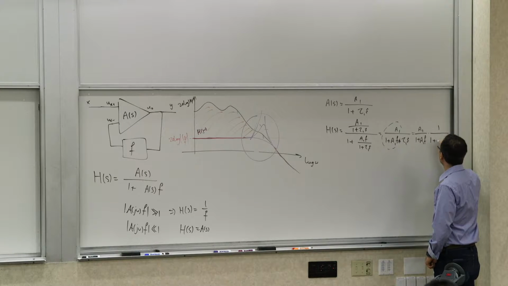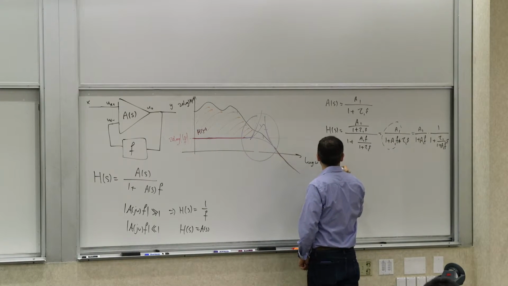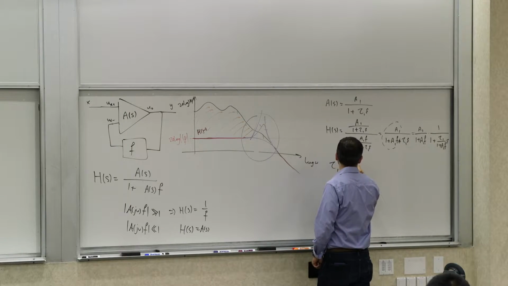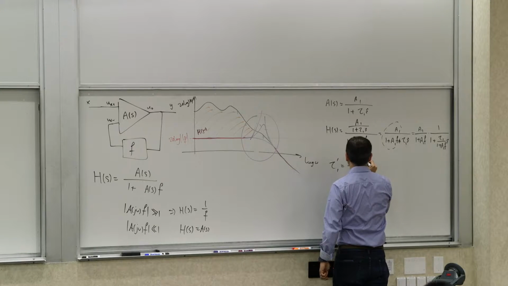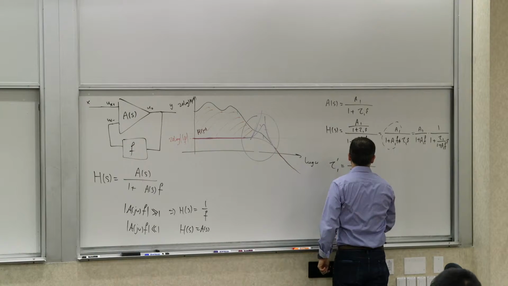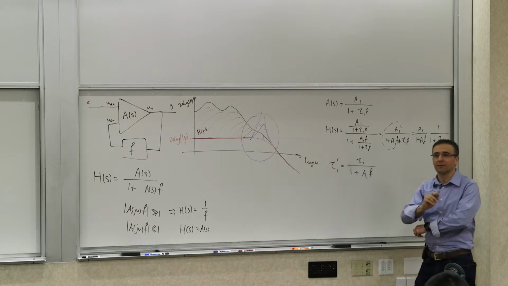We end up with 1 plus tau 1 over 1 plus A1 f times s. So there's a new time constant, tau 1 prime. So it's still a first order system, but it's tau 1 scaled down by 1 plus A1 f.